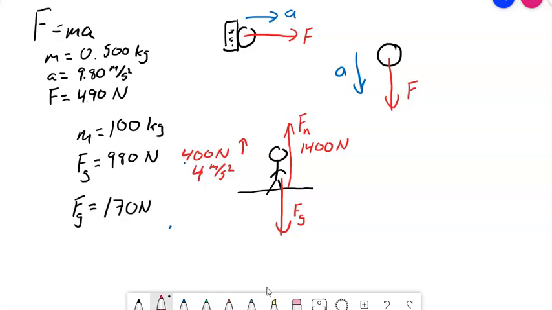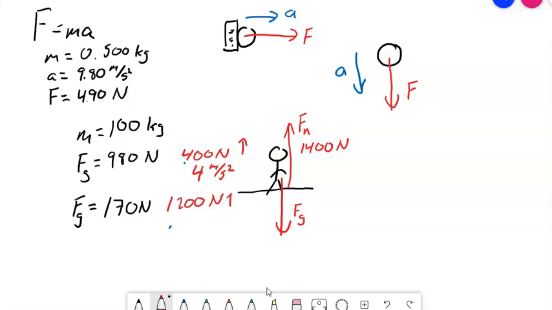On the moon, you can exert the same amount of force because that's how strong the legs are. But now that 1,400 newtons of force downward is subtracted by 170 newtons, not by 1,000 newtons. So he's going to have an upward push of 1,200 newtons. This is just rounding the numbers.